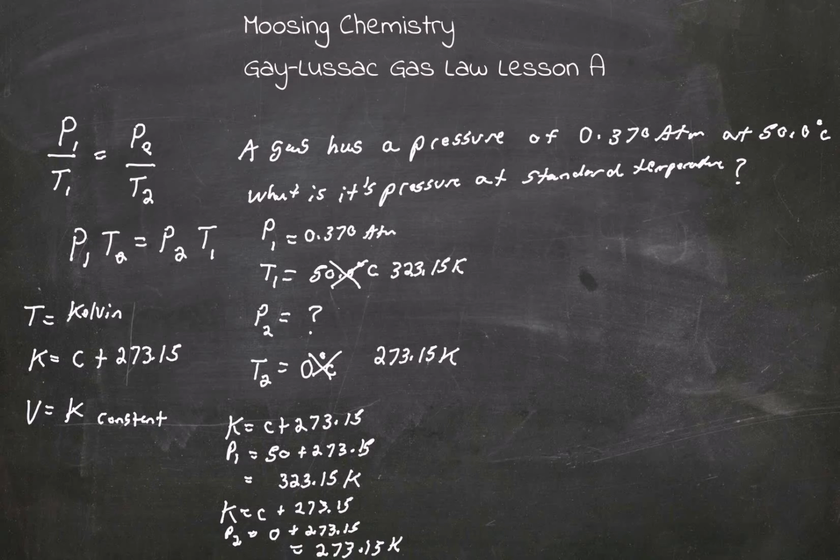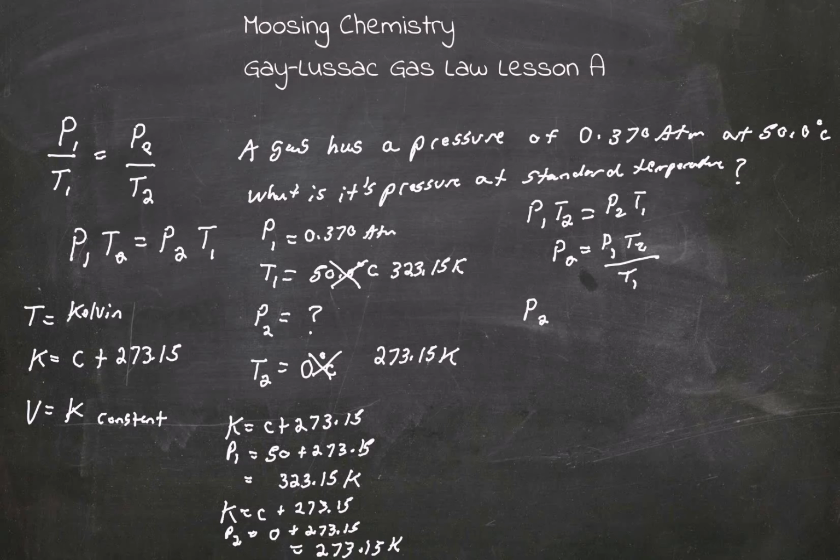Now we're ready to solve the problem. P1 T2 equals P2 T1. We're finding P2, so P2 equals P1 T2 over T1.